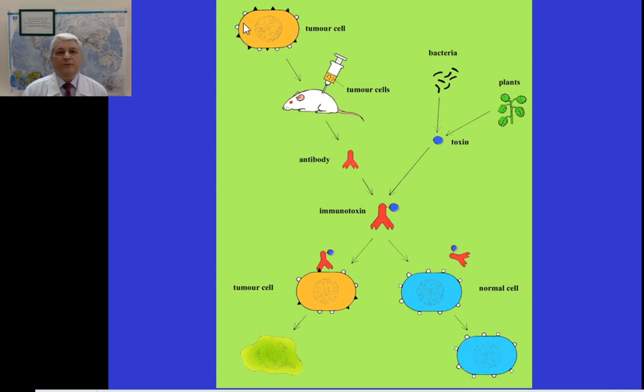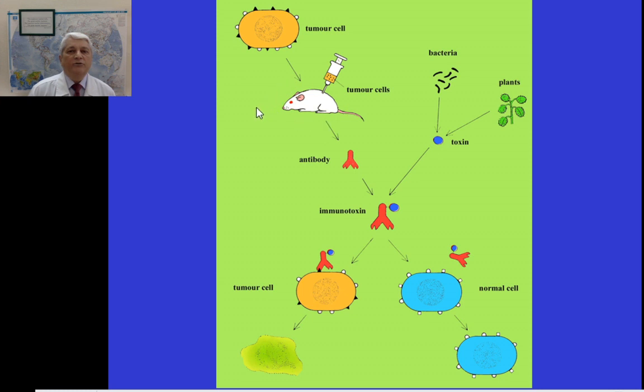Then we take these cells from the organism of the patient and use them for immunization. So look, there are tumor cells inside of this syringe.